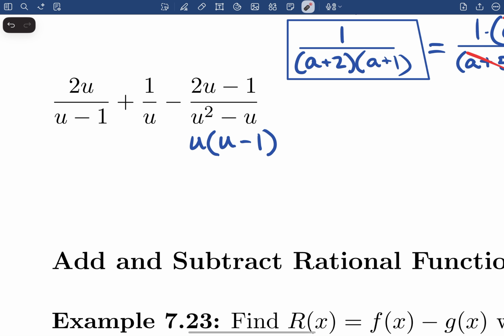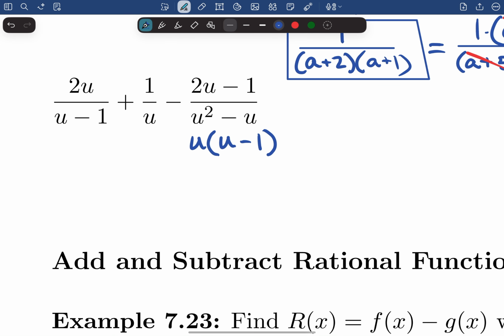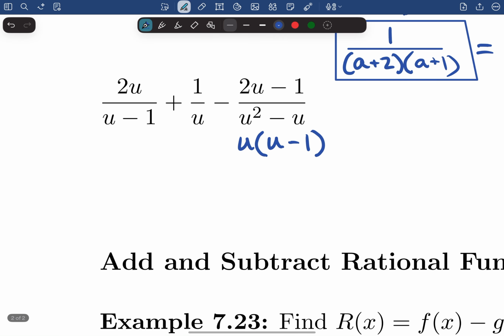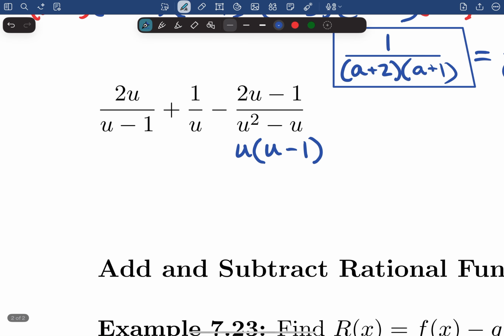And what's so great about that is I see that there's already a u factor in this denominator, and there's already a u minus 1 factor in that denominator, right? So some of the same factors are going on. Rewriting this out, I have the 2u divided by u minus 1 right there.